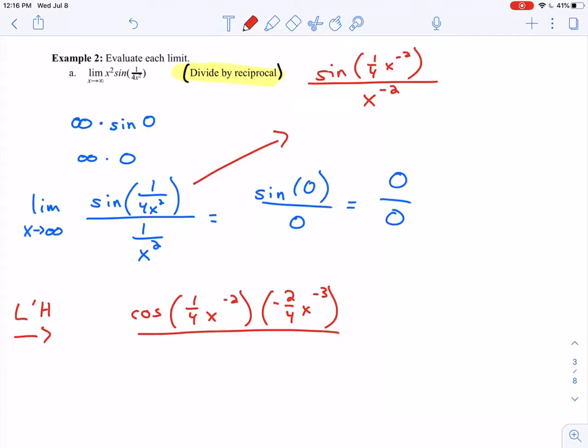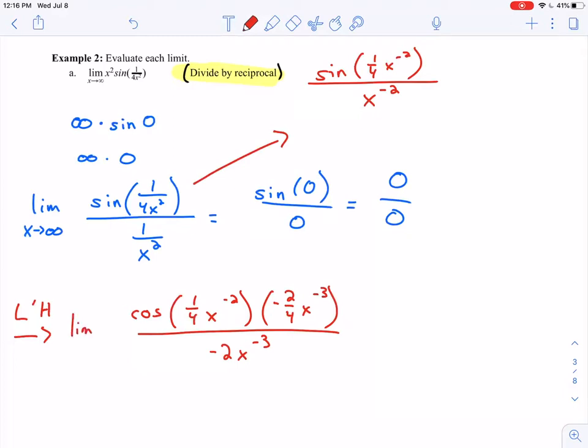Divided by, in my denominator, here I just want the derivative of x to the minus 2. I can just use my power rule. Here I'll have negative 2x to the negative 3 power. And of course the limit statement, that comes down as well.